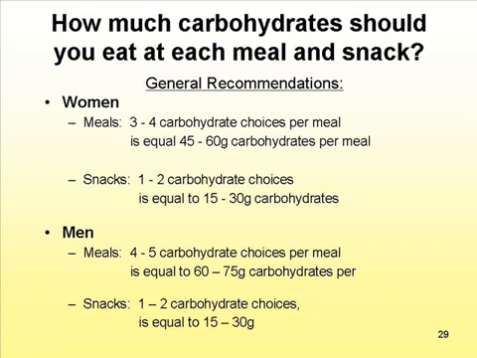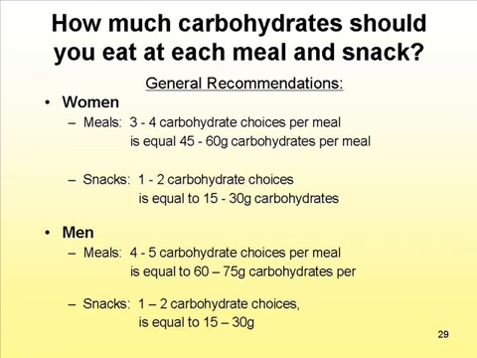For men, 4 to 5 carbohydrate choices per meal at breakfast, lunch, supper. And then that's equal to 60 to 75 grams of carbohydrates per meal. So you can choose whether you want to use choices, but if the food has a label on it, or if you're going out to a restaurant and they have grams of carbohydrates, now you know what your meal should be approximately within these carbohydrate grams, 60 to 75 for men, and then 45 to 60 for women.